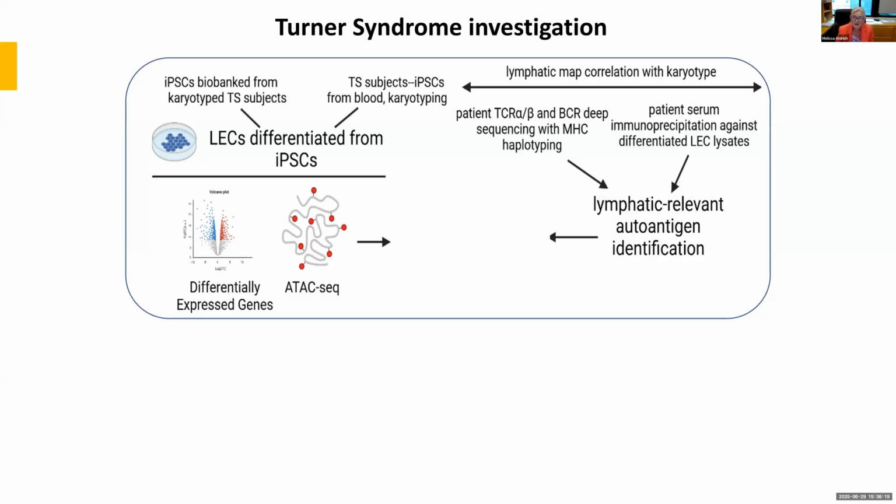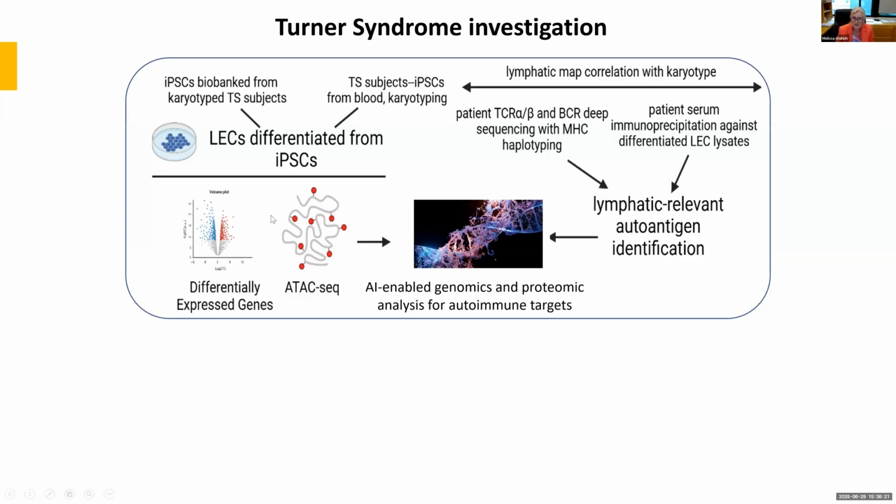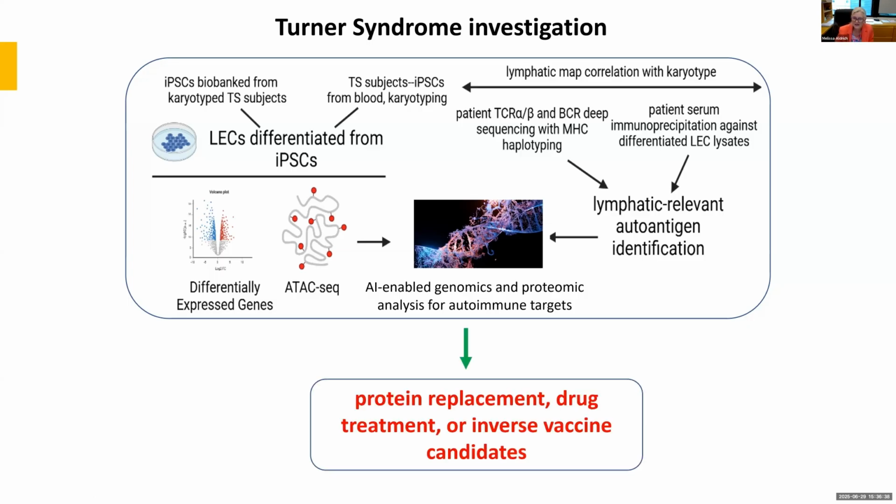We don't know. We're going to enable this with artificial intelligence and highfalutin bioinformatics using an expert down at UTMB to get all of our large data into a digestible format so that we can find out if there are targets for helping with lymphedema in patients with Turner syndrome.